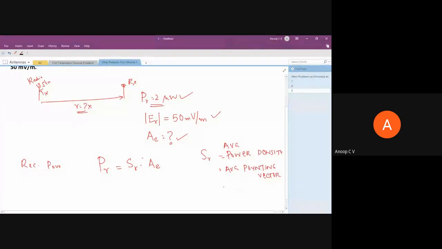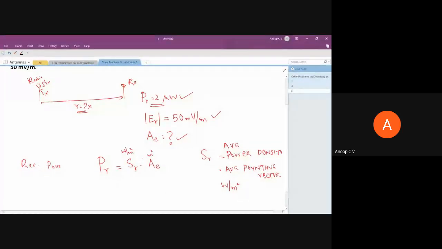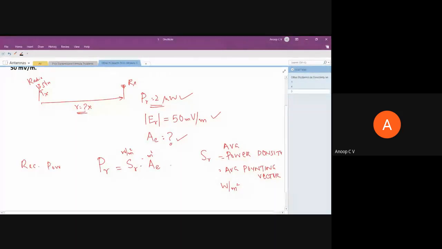Its unit is watts per square meter. So watts per square meter times meter square, you will get total power in watts.